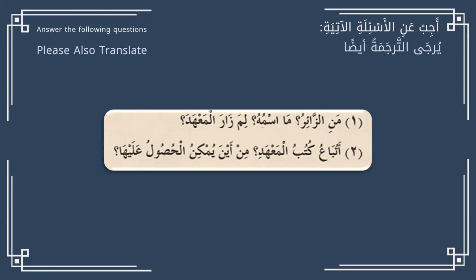Okay. The first question's answer. The visitor is a lecturer at an Arabic language institute in Lahore. Okay. So the visitor, the first word is the visitor. So what would that be? Zairun. A Zair is a lecturer. Zairul Mudarrisu. Muhadirun. So that will be Muhadir. Lecturer would be Muhadirun.